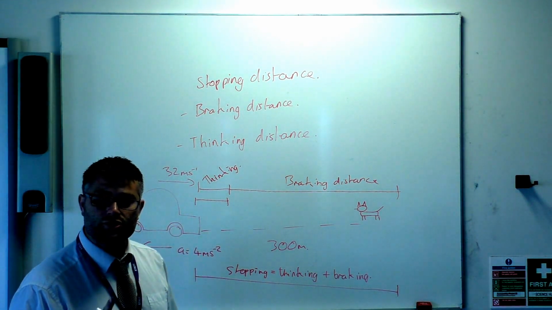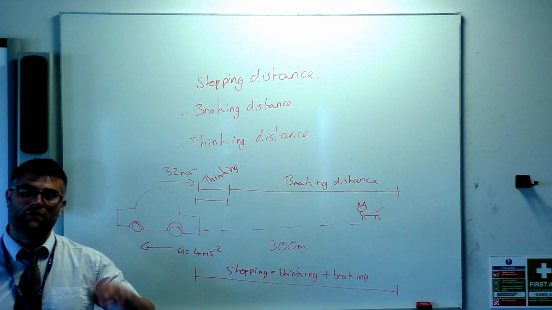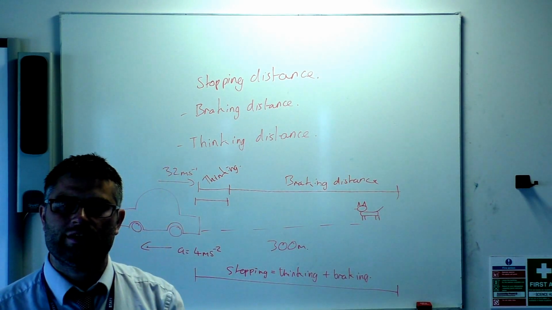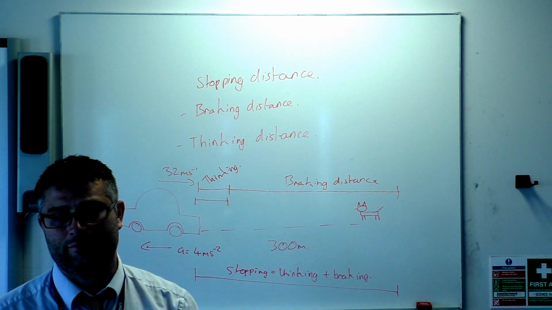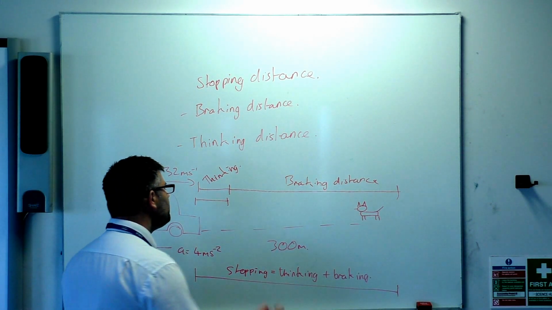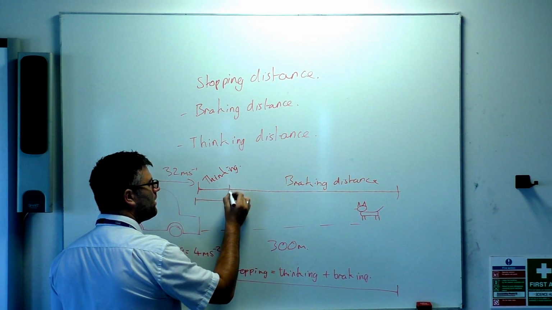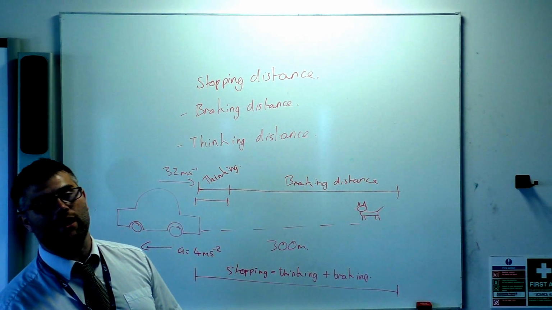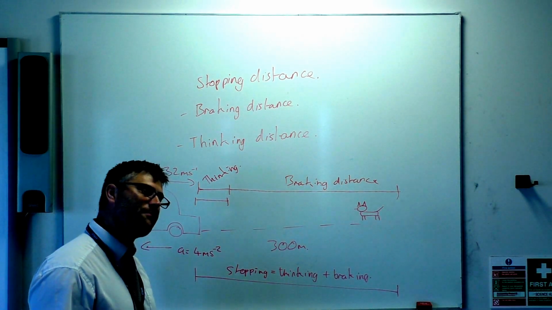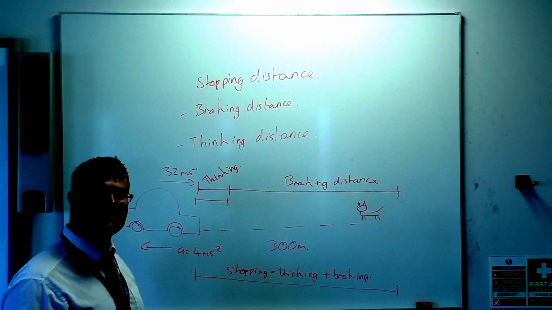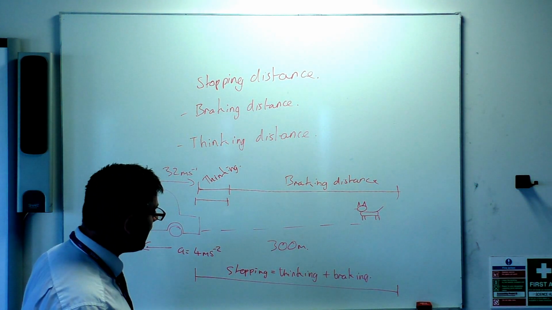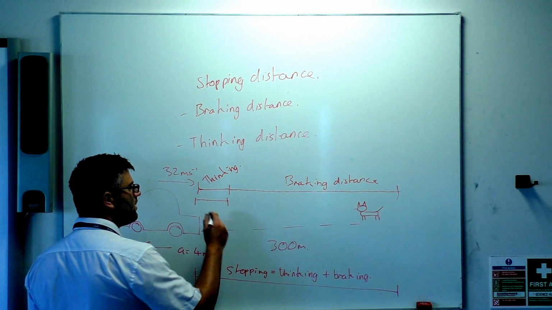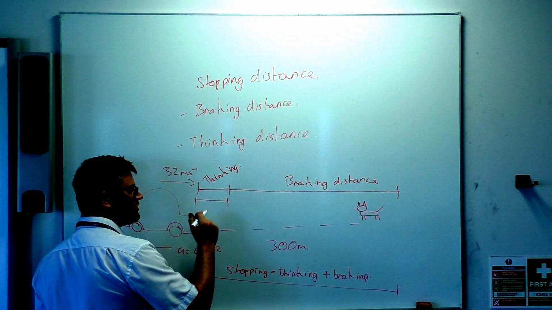Why is it not SUVAT? This is the question you should always ask yourself. Should you be using a SUVAT equation? Is it accelerating or decelerating in any direction? Over this distance, I've not put my foot down harder. I've not put my brake on. I've not reacted at all. I'm still travelling at 32 metres per second. And so we are not going to use SUVAT here.